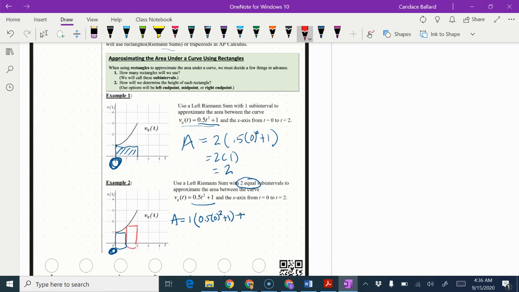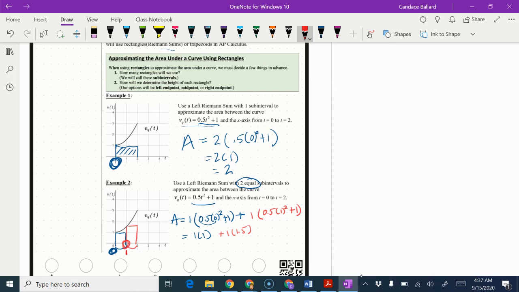My second rectangle, the base is still 1. The height, though, I'm using this value here, the 1, in order to calculate my height. So 0.5 times 1 squared plus 1. All right, so we know that this is going to be 0, that's 1. So I have 1 times 1. I'm going to have 1 squared, which is 1, times 0.5 is 0.5, plus 1 would be 1.5.